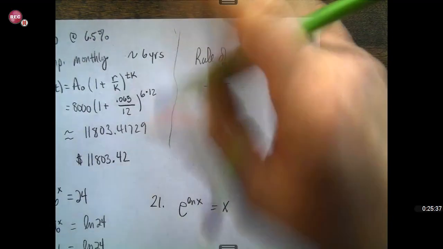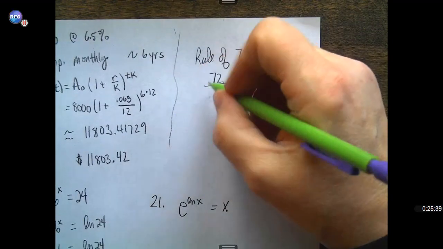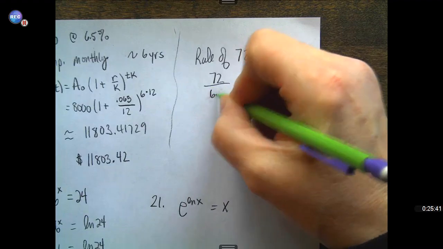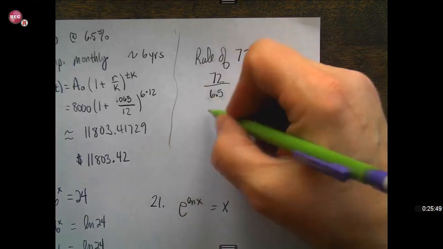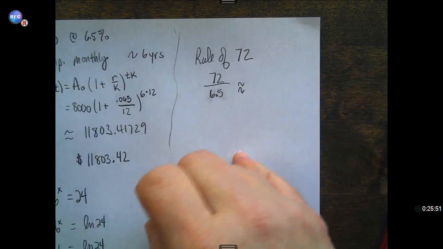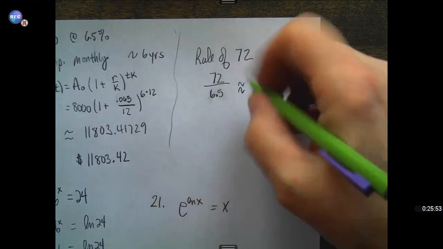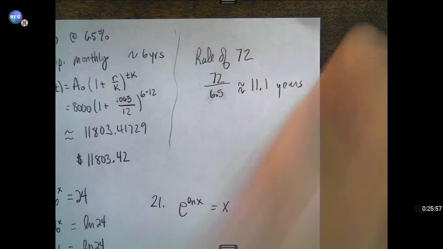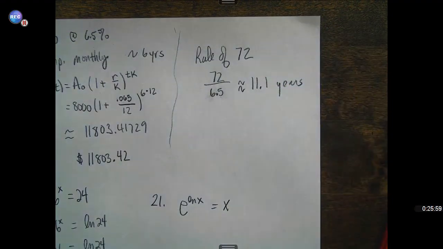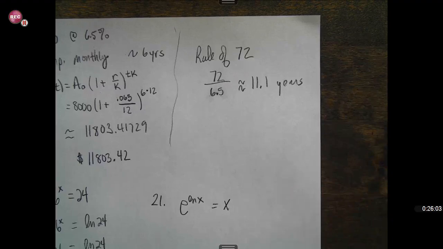It's 72 over r percent. So I'm going to divide by 6.5. 72 divided by 6.5, and it's going to take approximately 11.1 years to double.